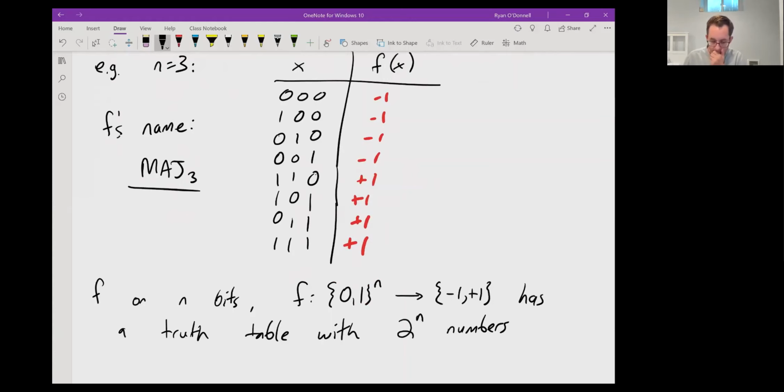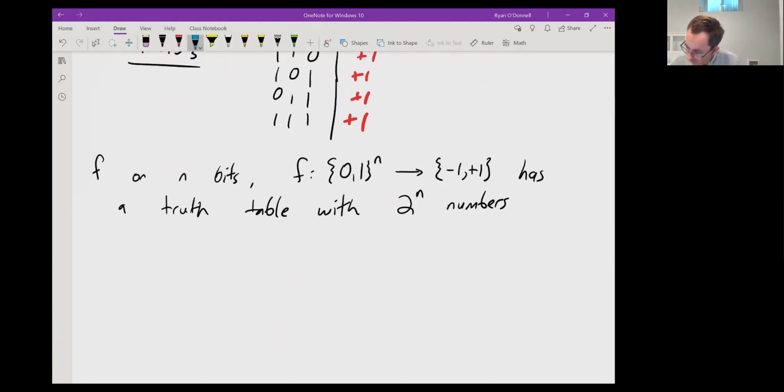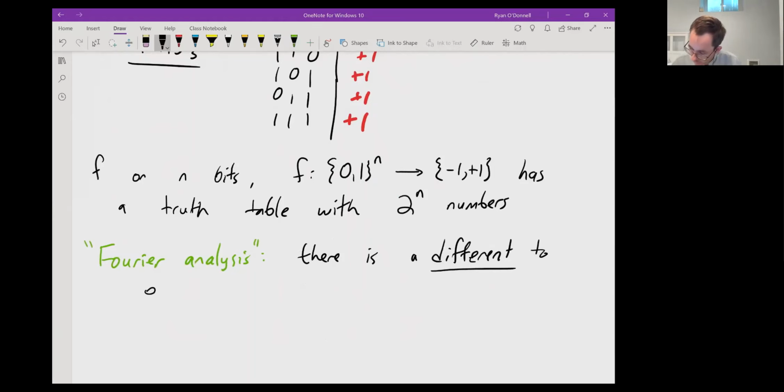Okay. And now I'll tell you about the subject of this lecture, which is, as I mentioned, Fourier analysis for Boolean functions. The basic story of Fourier analysis of Boolean functions is that there's a different way to encode a Boolean function like f by a list or table of 2 to the n numbers.